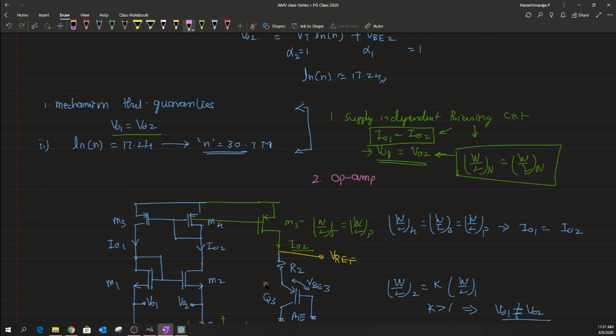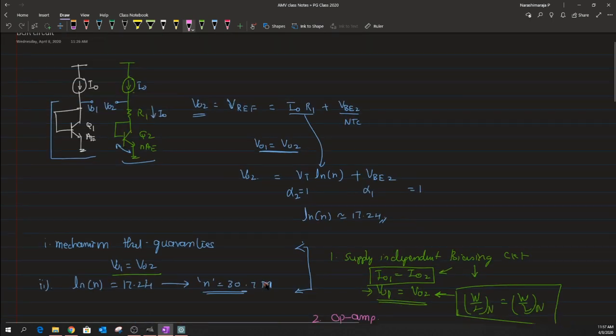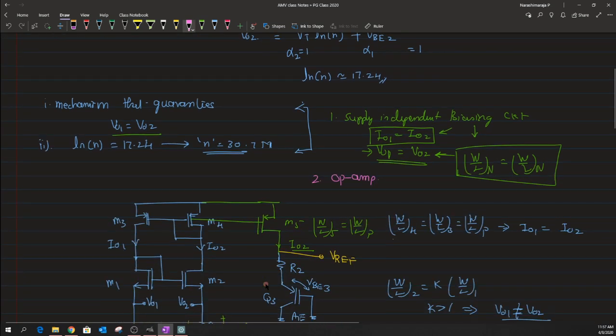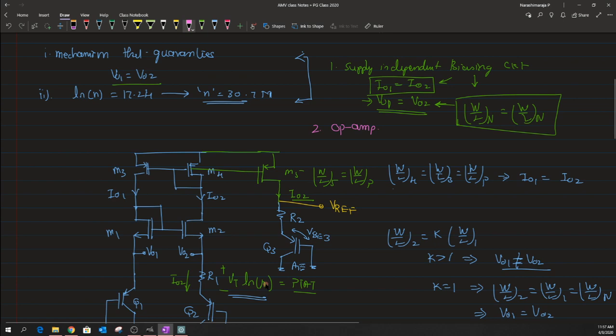So whatever we discussed in the last class is by replacing these current sources with a supply independent biasing circuit, but now I'm going to use an op amp in combination with some resistors in order to realize those current sources, also to achieve the mechanism of VO1 to be equal to VO2. Okay, so let us see how it works.